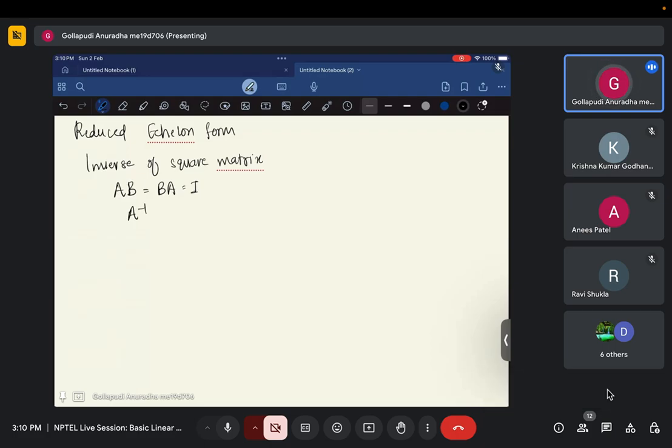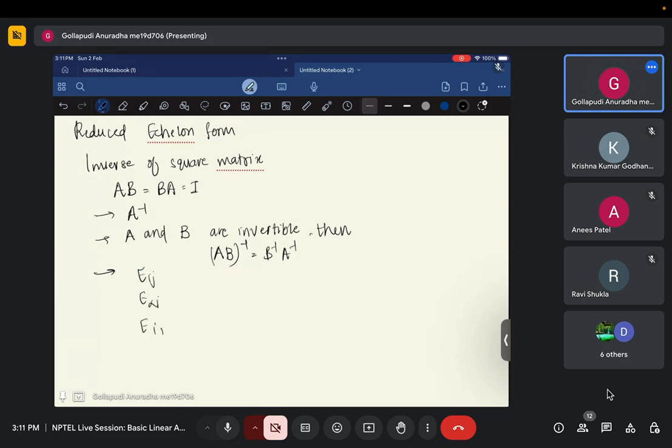The properties were discussed: if A and B are invertible, then AB is also invertible. And all the elementary matrices which we discussed before are invertible matrices.